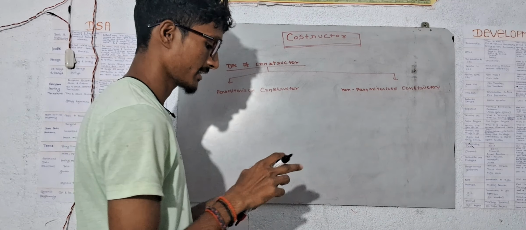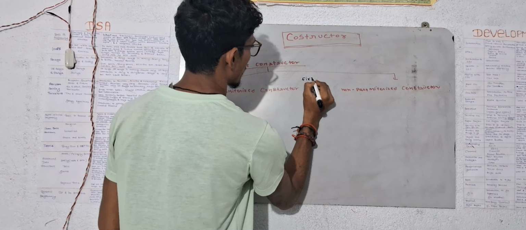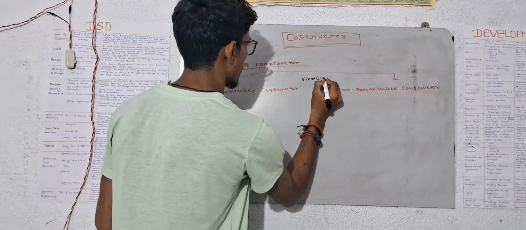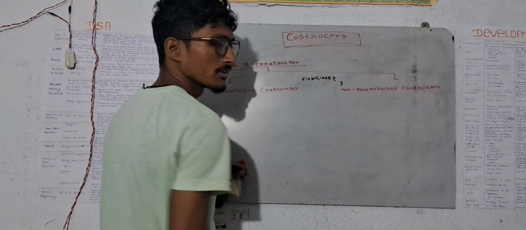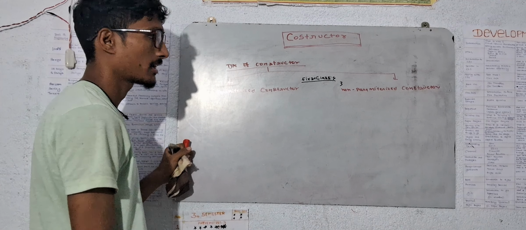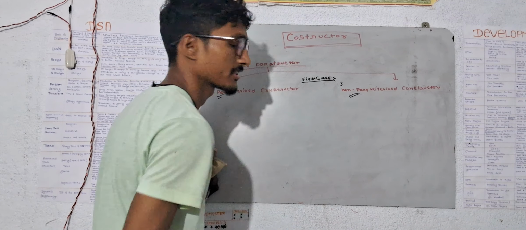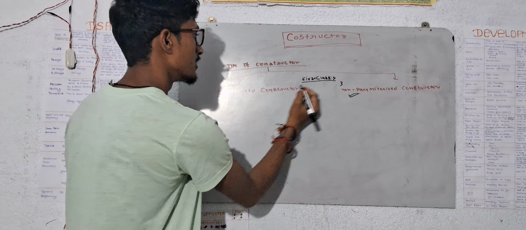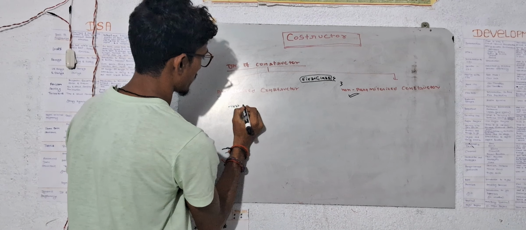If we write a class name, first class, okay, this is your class name, and you need to define one parameterized constructor and one non-parameterized constructor. So let's write the first, the parameterized constructor. We need to write this class name first, first class.